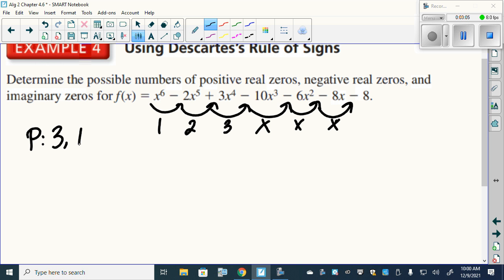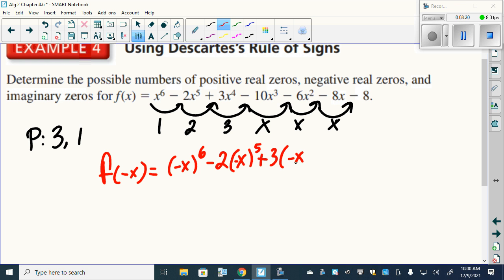Now for the negatives, it's saying that we need to look at f of negative x. So we're going to plug a negative x in for every x in the entire equation, which means we'll have f of negative x equals negative x to the 6th minus 2 times negative x to the 5th plus 3 times negative x to the 4th minus 10 times negative x to the 3rd minus 6 times negative x squared minus 8 times negative x minus 8.